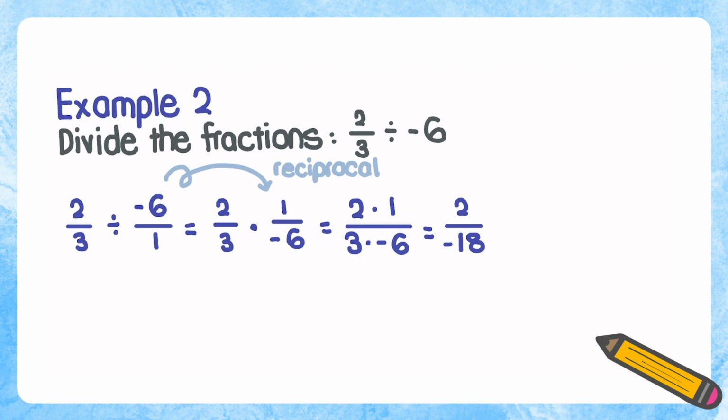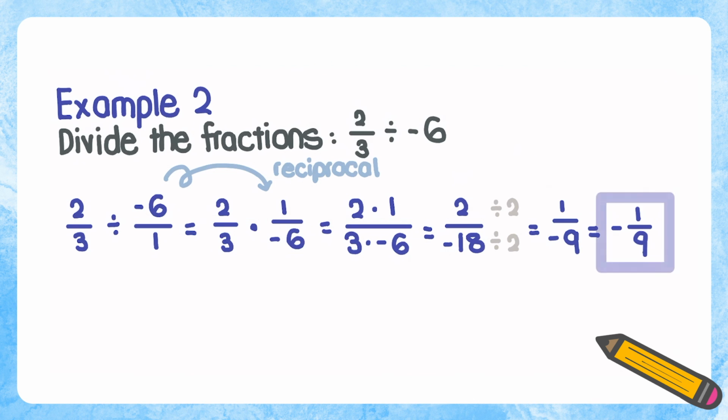I can simplify this fraction by dividing both the numerator and the denominator by 2. Once I simplify the fraction, I get 1 over negative 9, or simply negative 1 over 9. My final answer for this example is negative 1 over 9.